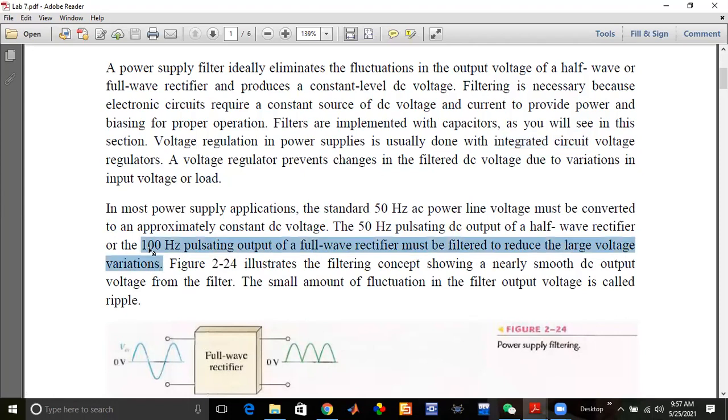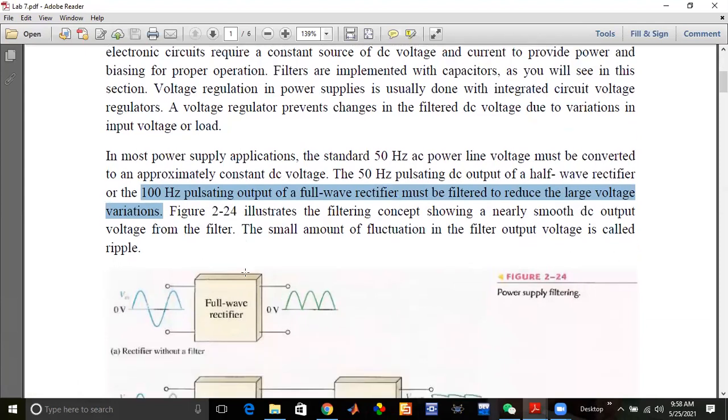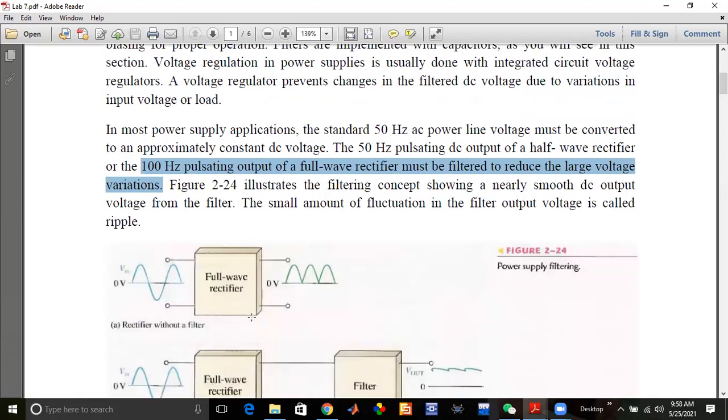So what will we do? We will pass this from the rectifier circuit to reduce the large voltage variation. Figure 2.4 illustrates the filtering concept, showing a nearly smooth DC power supply system.